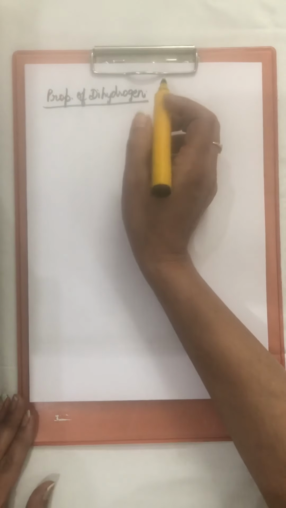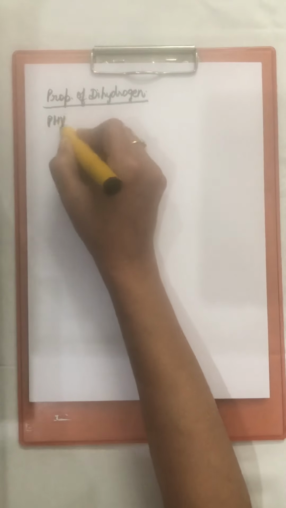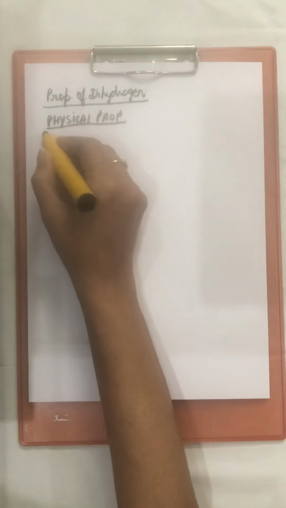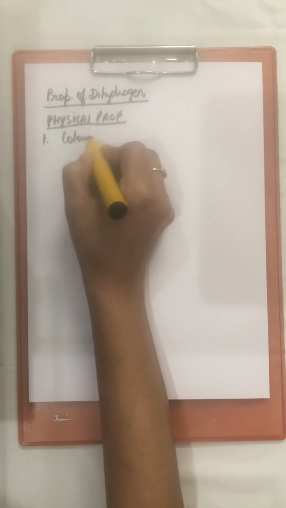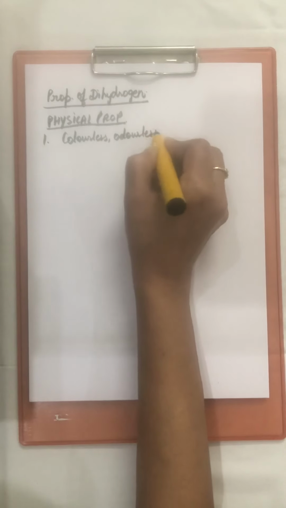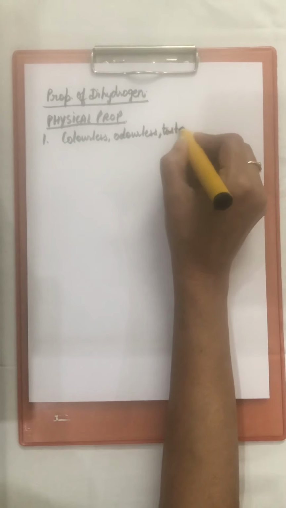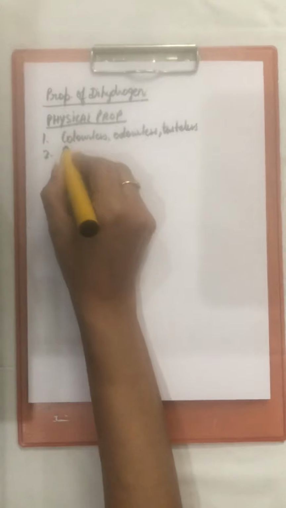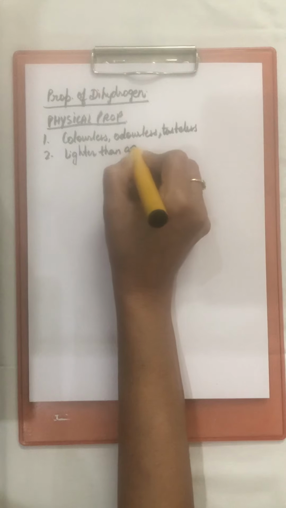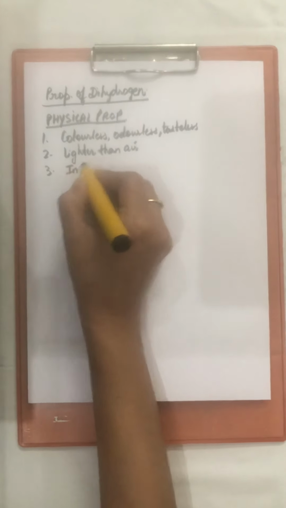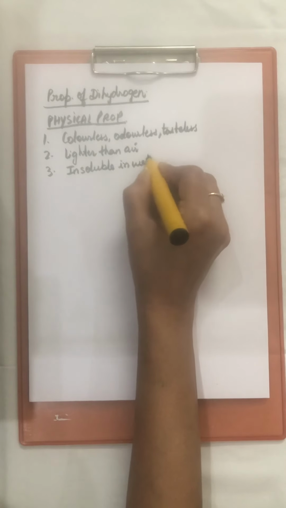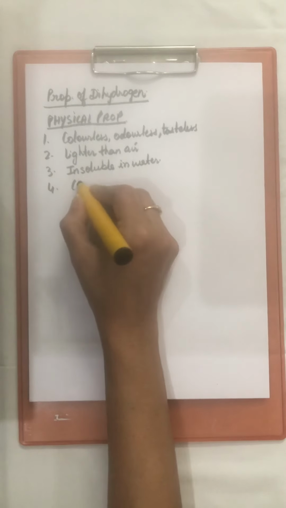If we talk about its physical properties, then first, it is colorless, odorless, no smell is there in hydrogen, tasteless, lighter than air, insoluble in water, it does not dissolve in water, highly combustible gas.